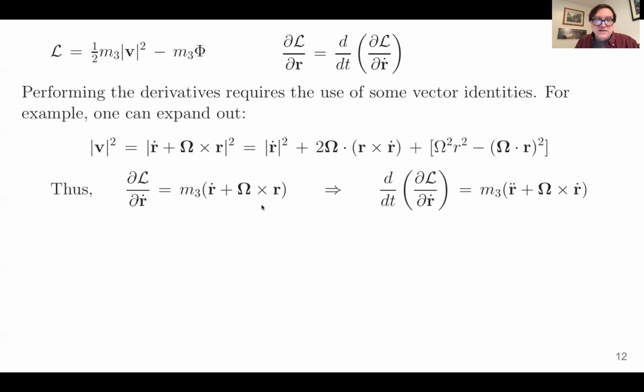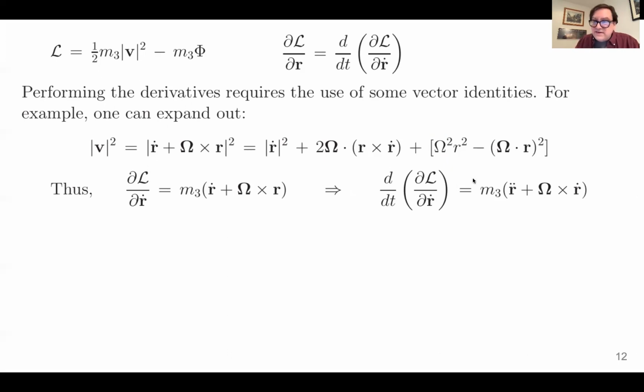And the answer ends up just containing an omega and an r in a cross product. And then to get the right-hand side of the Euler-Lagrange equation, we have to take the time derivative of that, which just involves adding another dot to each of the r's. The omega, if we remember, is just a constant, so there's no time derivative of that to worry about.